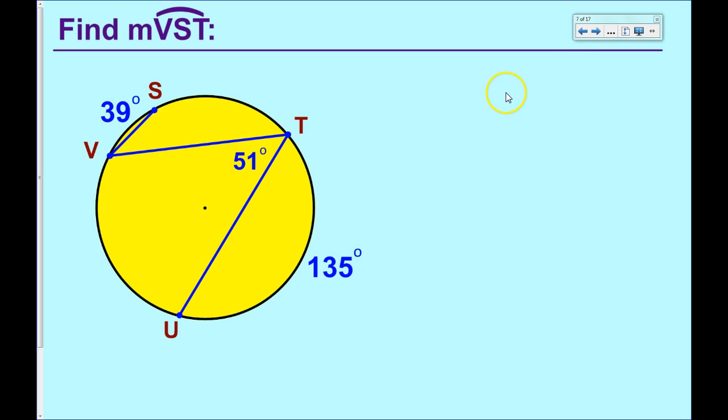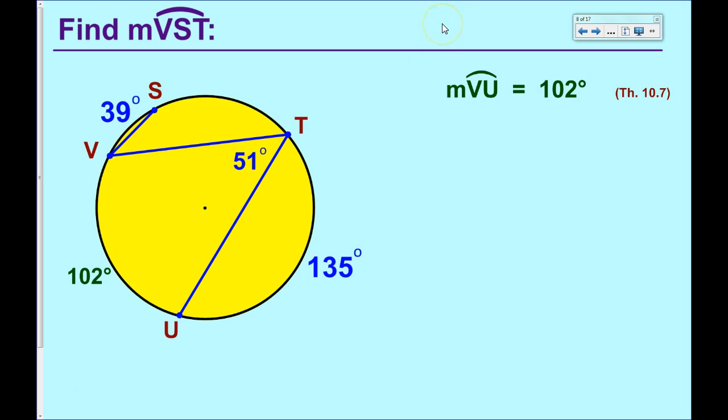First thing to get started here is that you've got an inscribed angle right here, and you know that the intercepted arc associated with that inscribed angle should be double that, or 102 in this case. So theorem 10.7 says that 102 is right here, and from there you'll notice that the outer part of the circle is described except for this arc ST right here.